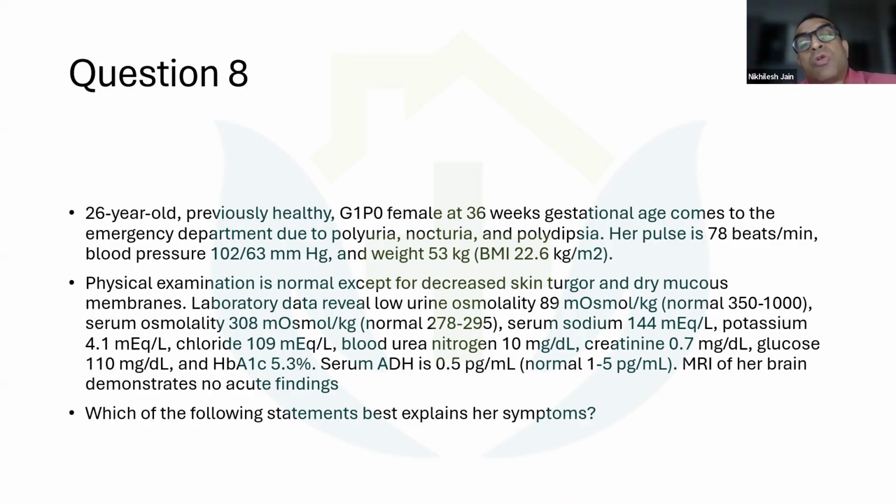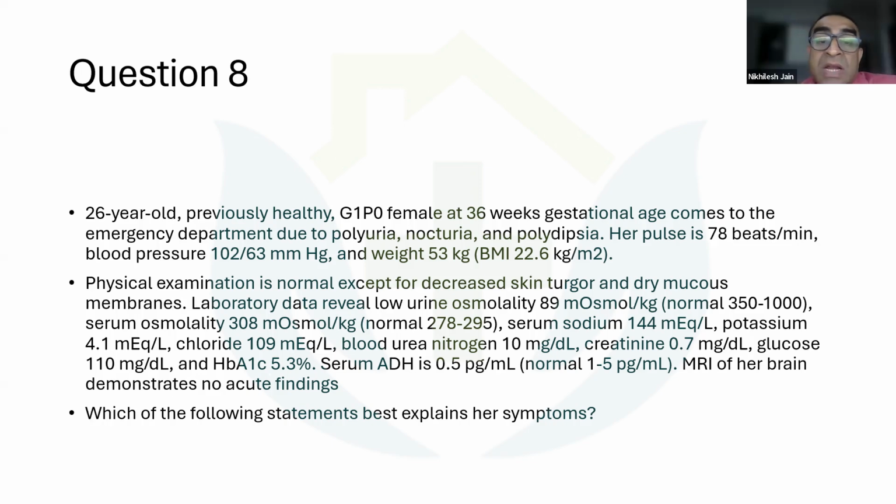Lab data reveals low urine osmolality of 89 milliosmoles per kg, serum osmolality of 308 milliosmoles per kg, serum sodium of 144, potassium of 4.1, chloride of 109 milliequivalent per liter, blood urea nitrogen of 10 milligram per deciliter, creatinine of 0.7 milligram per deciliter, glucose of 110 milligram per deciliter, and HbA1c of 5.3%.